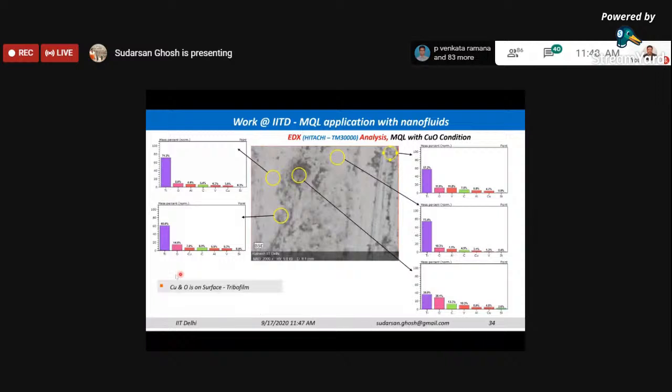Here again, the copper oxide on the surface proves that tribofilm is also getting formed in case of your copper oxide. But then, as I told you, possibly this tribofilm is not as effective as that of your aluminum oxide, mainly because the temperature at which it can sustain is comparatively much lower compared to the aluminum oxide.